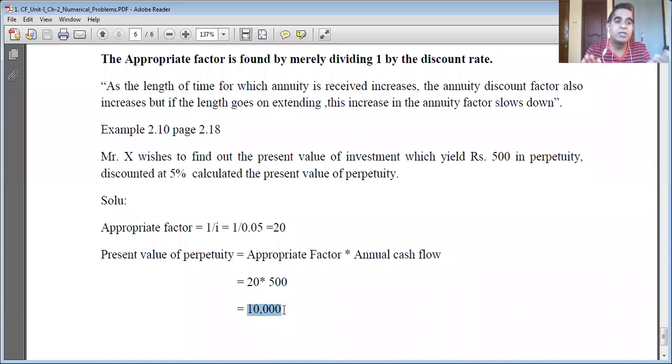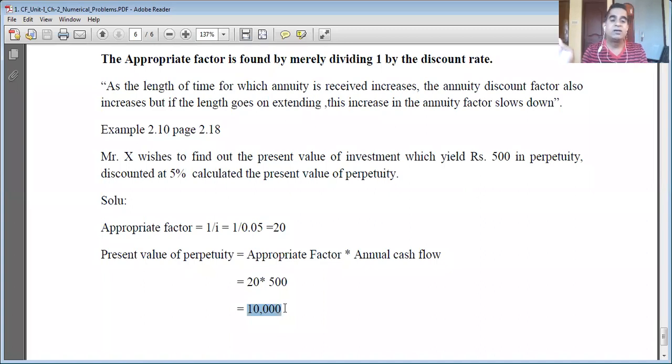So if Mr. X has alternative investment proposals, he can also find out the present value of those investments and compare those present values with this present value.